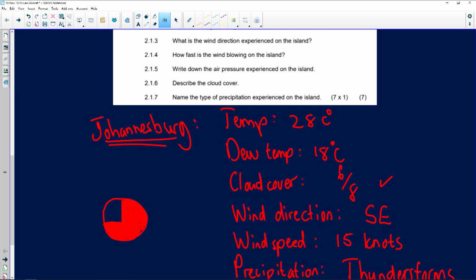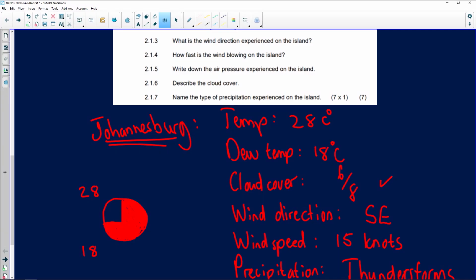Now our temperature, always remember, top left-hand side corner, 28 degrees Celsius. Our dew point temperature, 18 degrees Celsius, bottom left-hand side corner. Now, grade 12s, do yourself a favor if you've got time. Go and Google a weather station model. There's a hell of a lot of information around it, but we're only using the basics as grade 12 students.